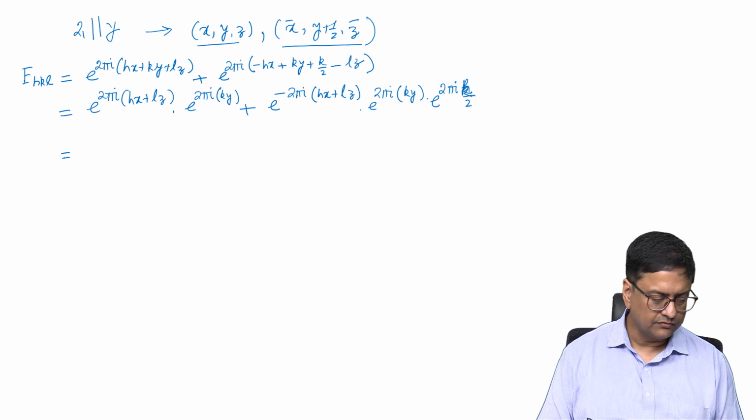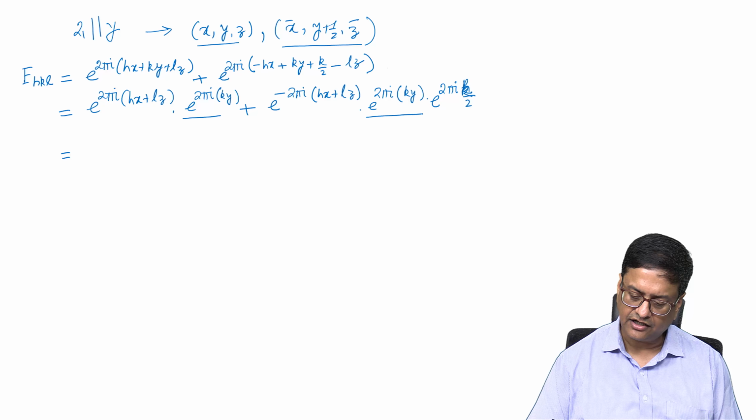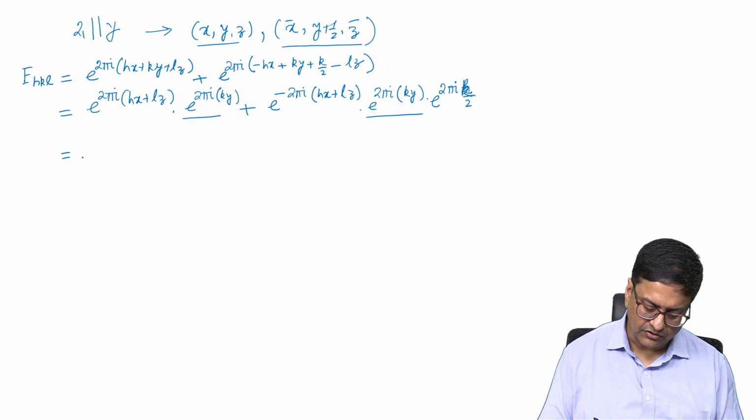So, now when I try to simplify this expression, you see that we can take e to the power 2 pi i Ky out as a common term.